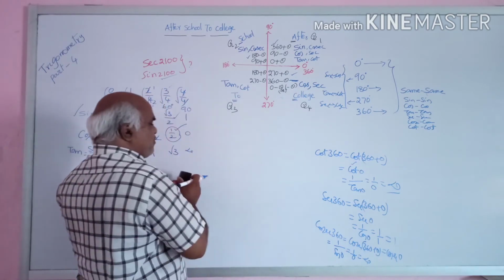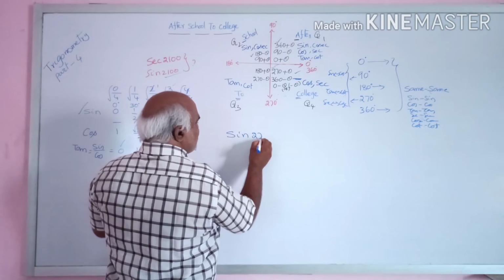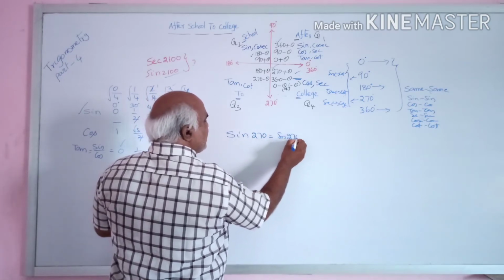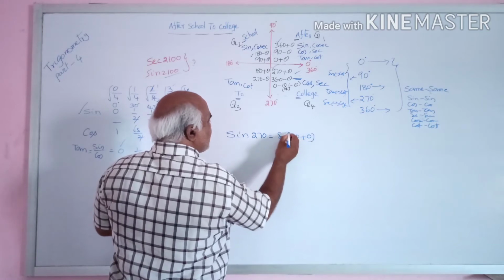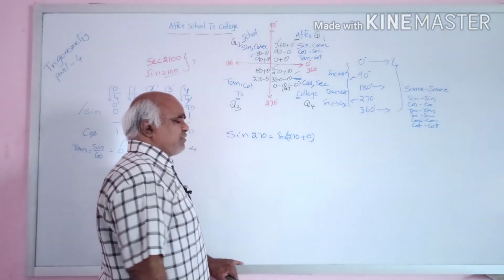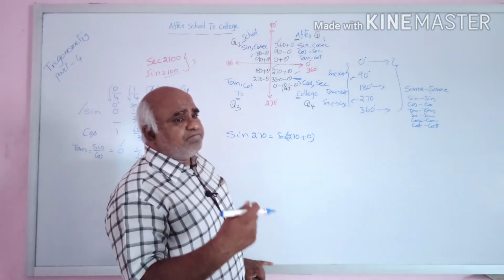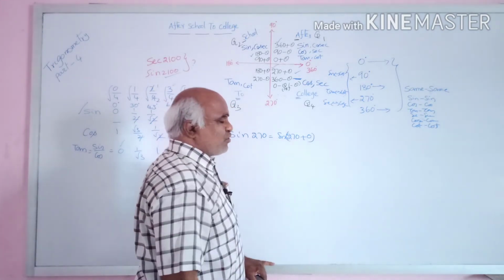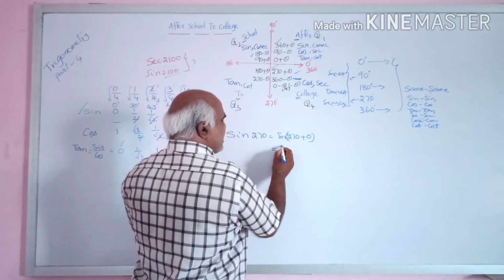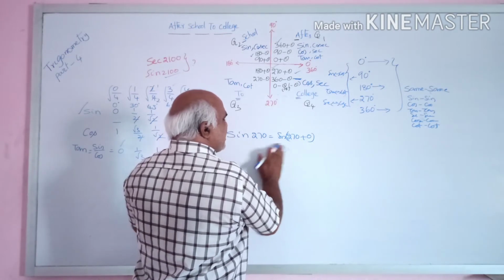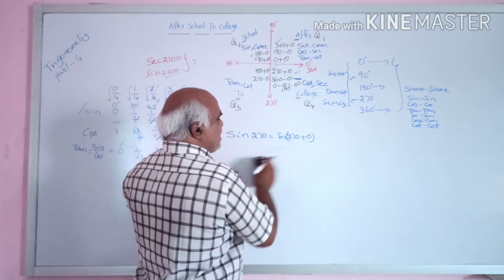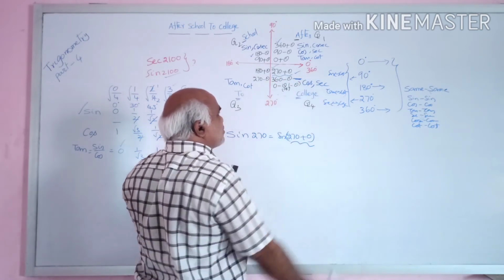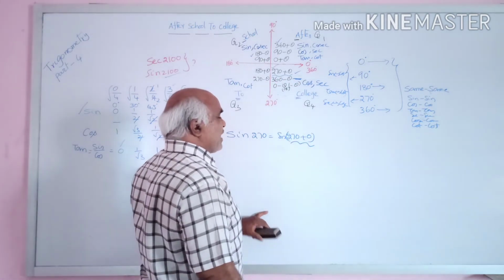Similarly, you can find the 270 values also. Sin 270 is equal to sin 270 plus 0. You can remember it as 270 plus something. Therefore, 270 plus 0 is in the fourth quadrant.